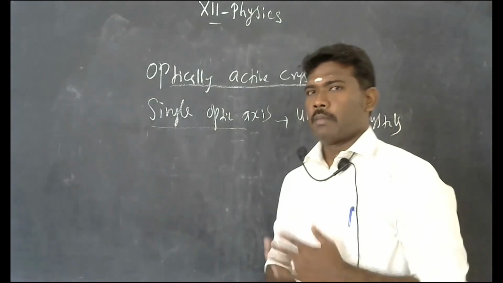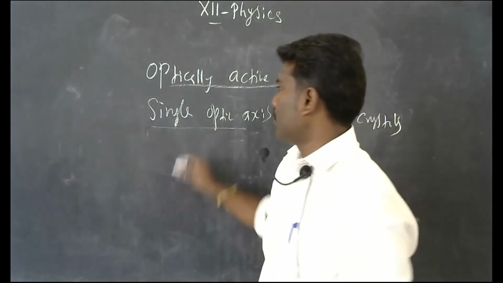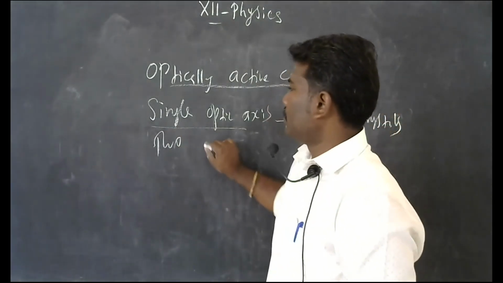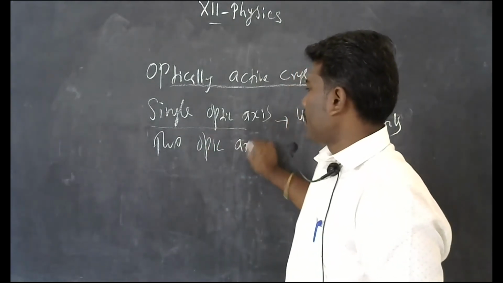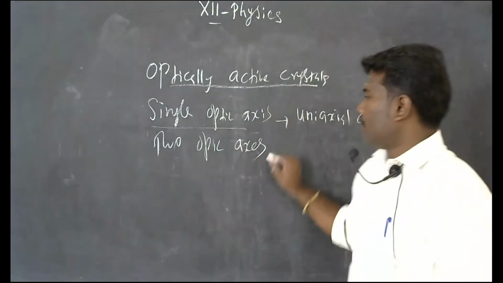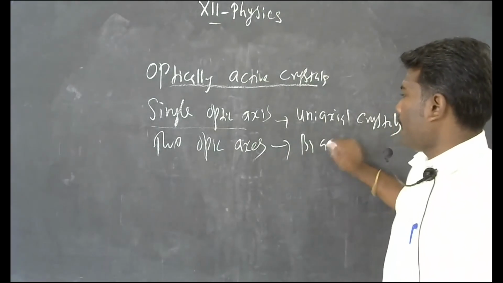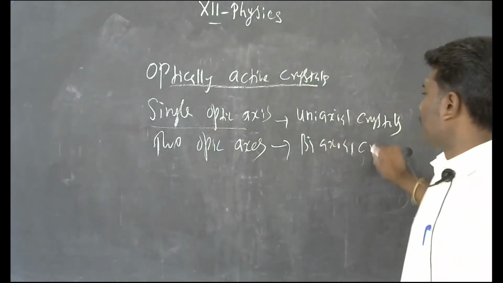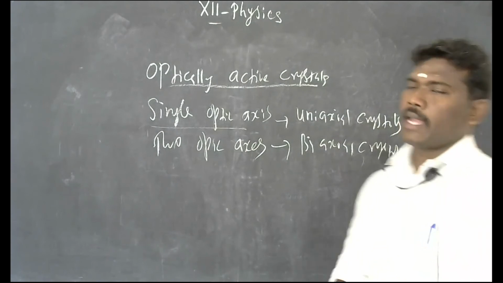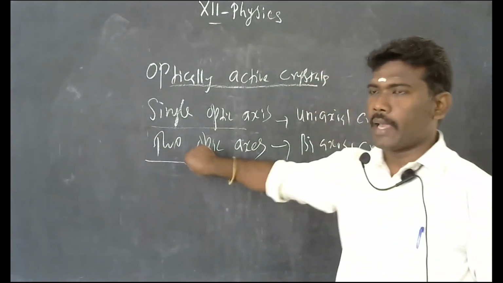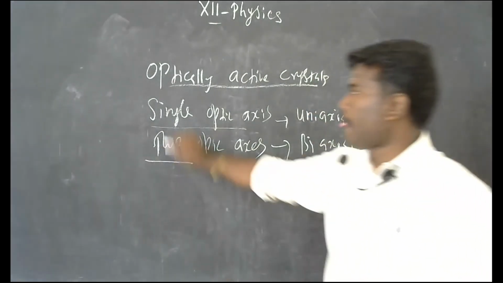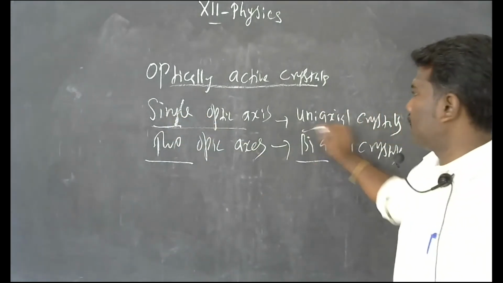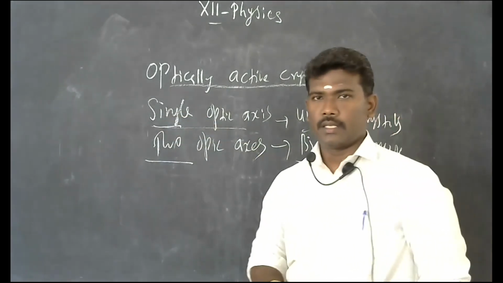If some crystal has two optic axes, it is called a biaxial crystal. If two optic axes, it means a biaxial crystal. If it has a single optic axis, it is called a uniaxial crystal.